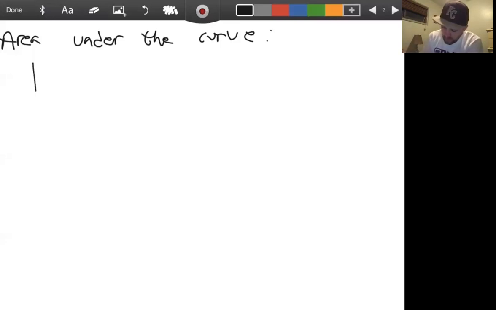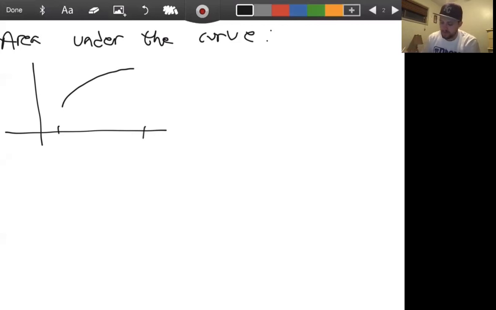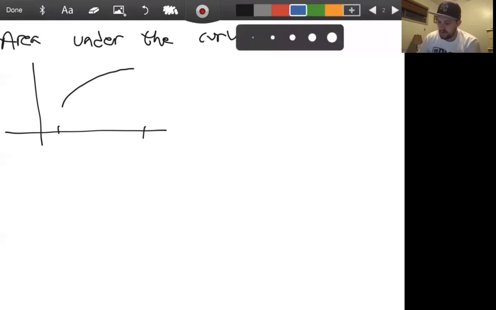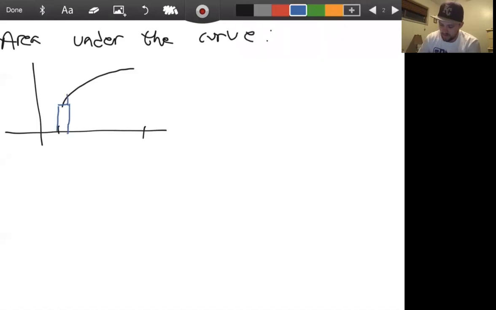So if we have some curve, say here's our parametric curve over some interval, let me say like A to B here, then how did we find area under the curve? Well, we started by approximating with rectangles. You may remember taking left endpoint and right endpoint approximations in either Calc 1 or Calc 2, or both.